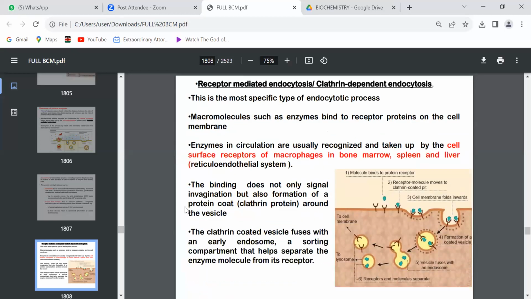They go into the lysosomes and are degraded. But that's receptor mediated. When they bind to that receptor, they signal a protein, clathrin. It binds to the vesicle. That's why it's also called clathrin-dependent endocytosis.